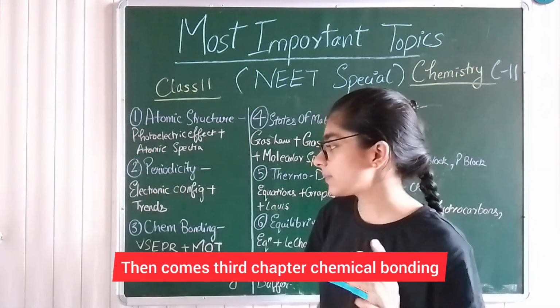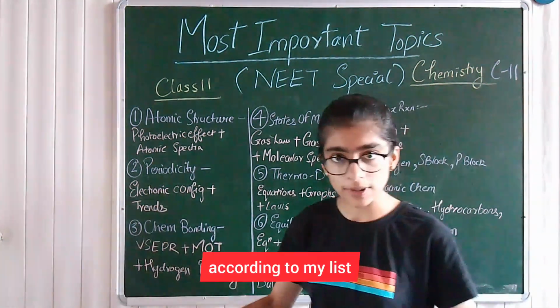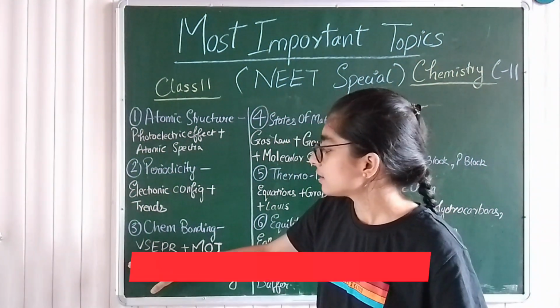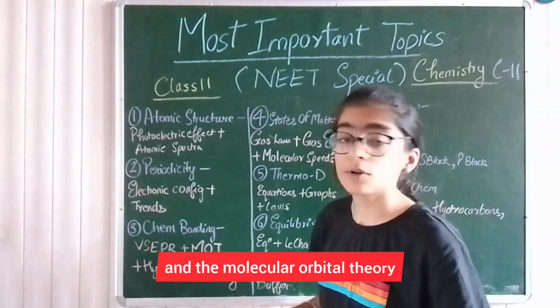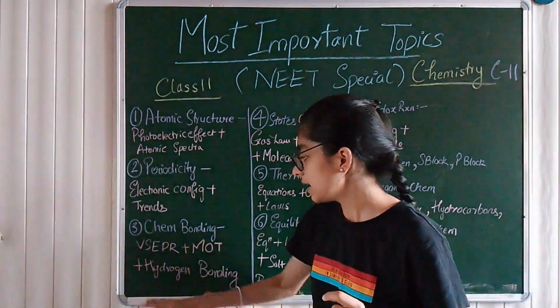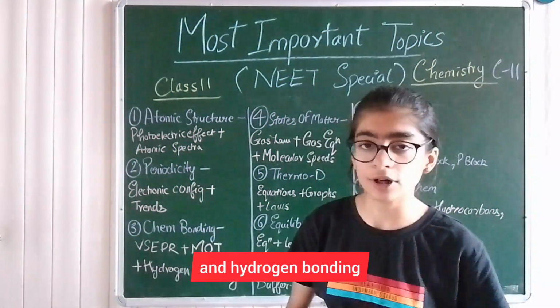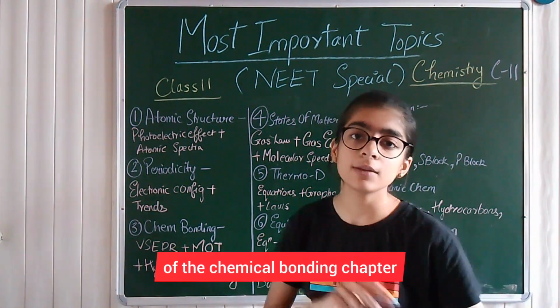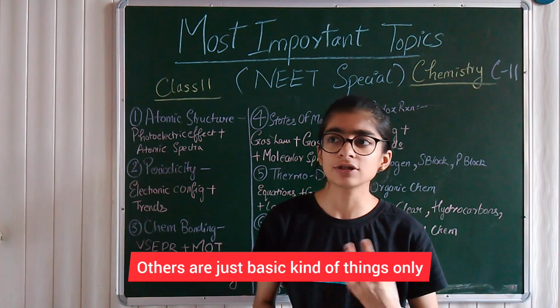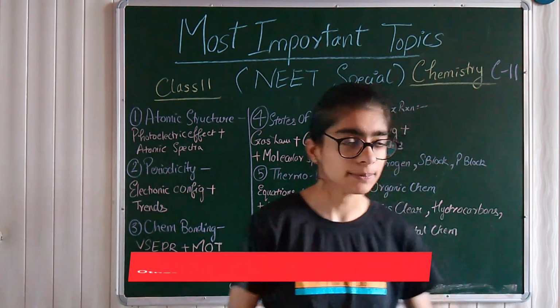Then comes the third chapter, chemical bonding, according to my list. The important parts are VSEPR theory, molecular orbital theory, and hydrogen bonding. These three parts are the main core concepts of the chemical bonding chapter. Others are just basic things.